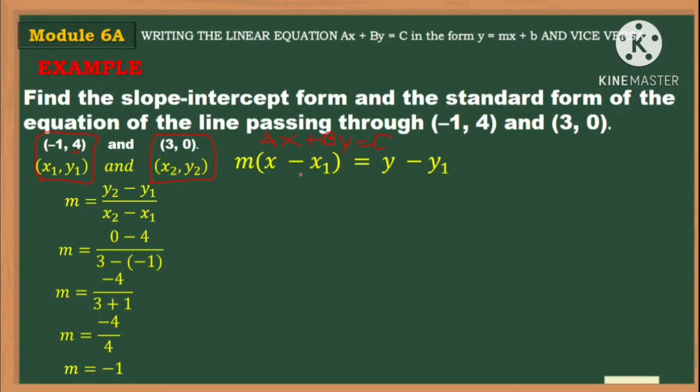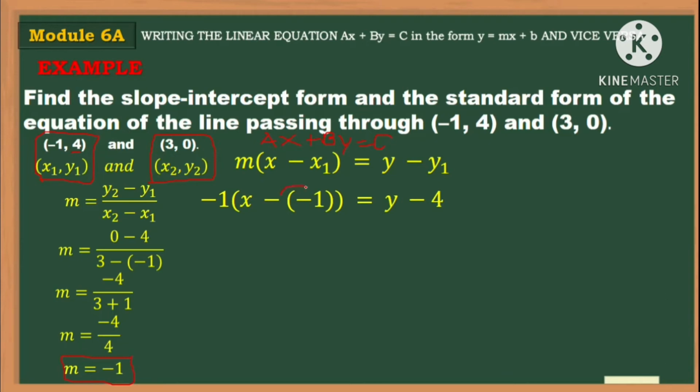Dun sa standard form natin. So we have here the slope is -1. So this is the slope, -1 times the x minus the value of x sub 1, which is -1. Then is equal to y minus yung y sub 1 natin ay 4.